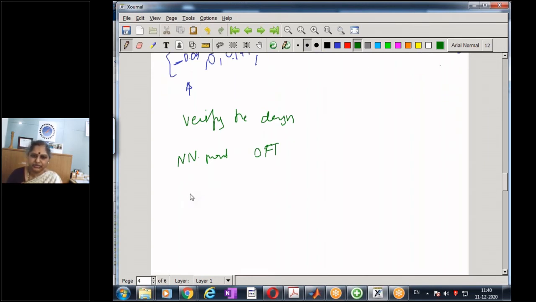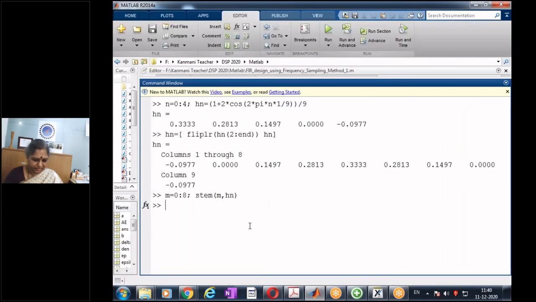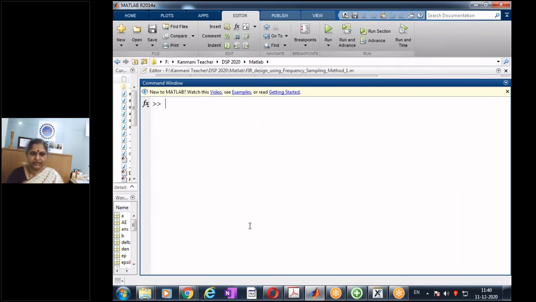So all that I will do is get a large point DFT of the sequence h of n and see how my frequency response is. So let me take some large value nn, say 100. And then let me compute my h of k, the frequency response or the FFT of my design filter. My design filter is h of n, and then I'm going to compute an nn-point DFT of the sequence. And then I want to plot it.